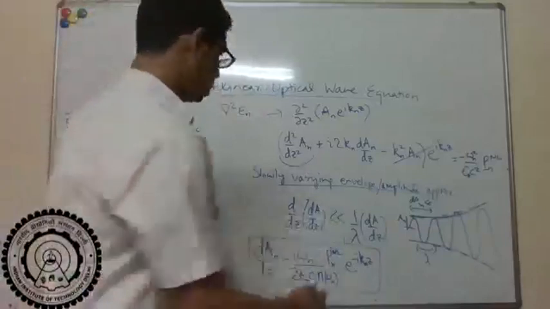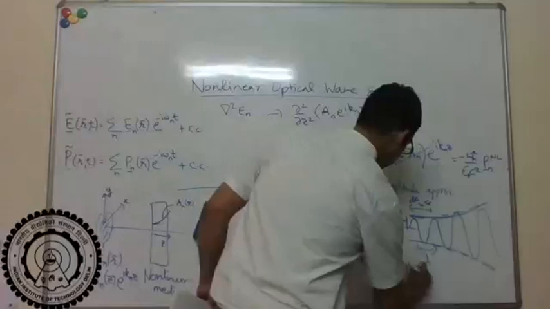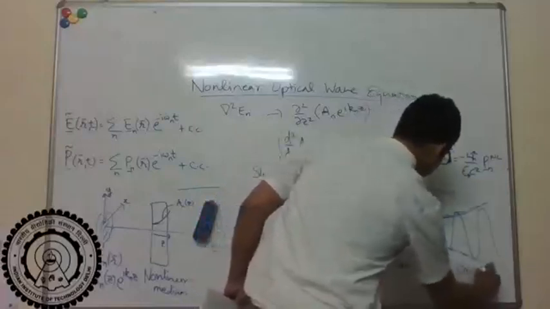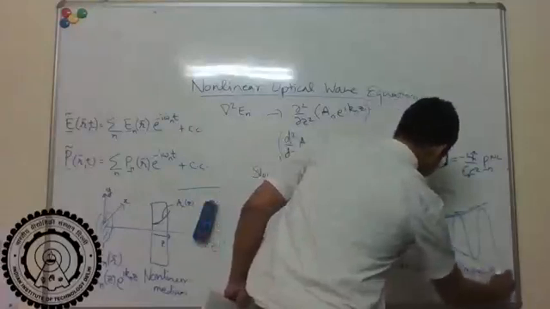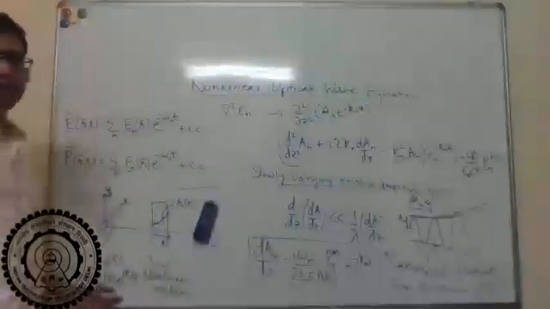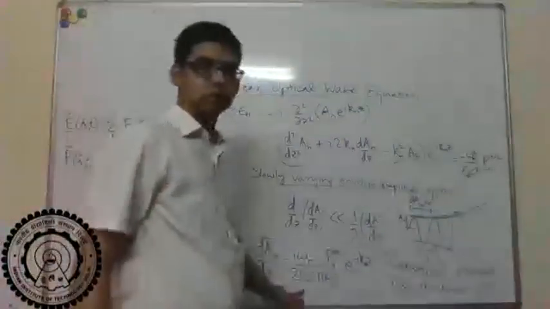So this is called the canonical propagation equation of nonlinear optics. If you want to look at any nonlinear interaction in general, you start with this.